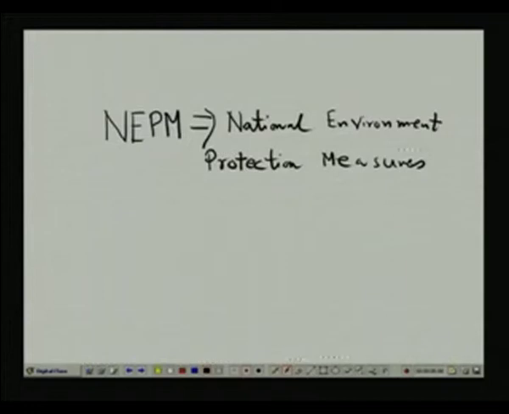It is basically a broad framework setting statutory instrument defined in the National Environment Protection Council, and they outline agreed national objectives for protecting or managing particular aspects of the environment. This is basically NEPM.